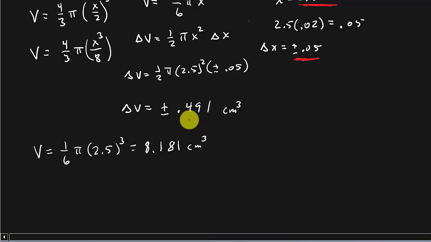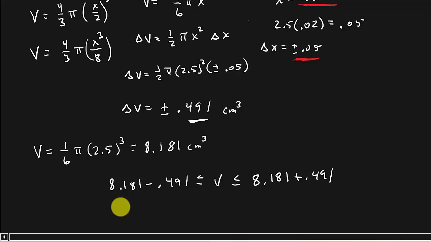So if we subtract this number from this number and add it to this number, let's just write it out. 8.181 minus 0.491 is less than or equal to V, the volume, which is less than or equal to 8.181 plus 0.491.